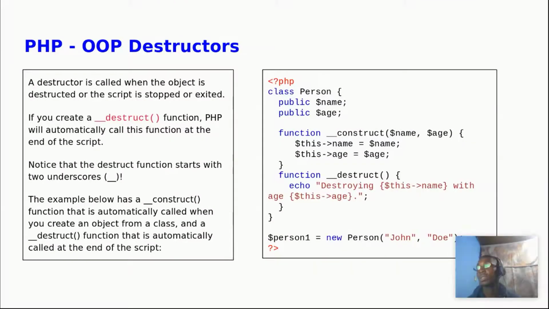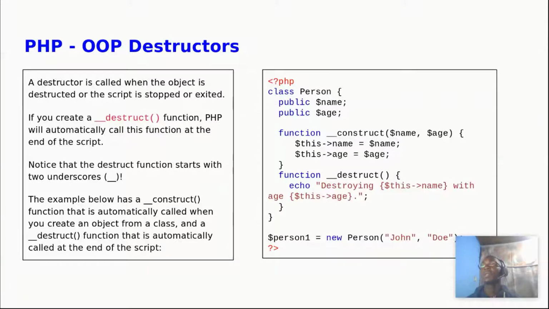Just like constructors, destructors are automatically called at the end of your instantiation. So when you've instantiated your values and called the instance, immediately that instance finishes running, the destructor will be called, and what it does is unset all the values.